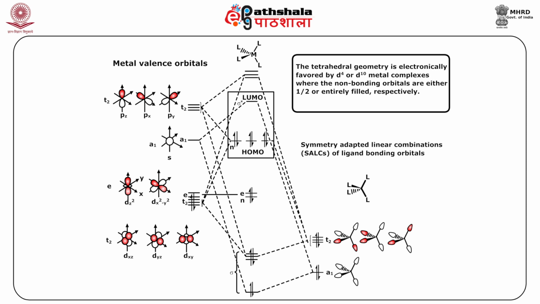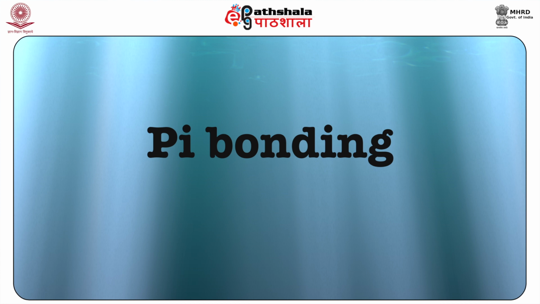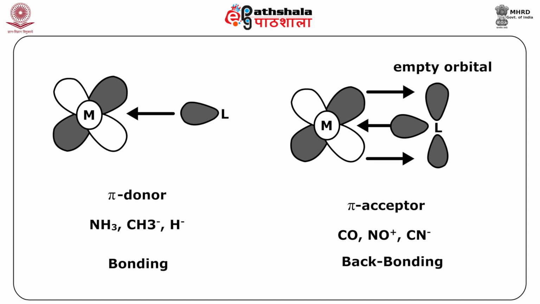The tetrahedral geometry is electronically favored by d2 or d10 metal complexes, where the non-bonding orbitals are either half or entirely filled. Next, we will discuss the pi bonding in tetrahedral complexes. Pi bonding in coordination complexes is feasible with the availability of p or pi star orbitals in the ligands.